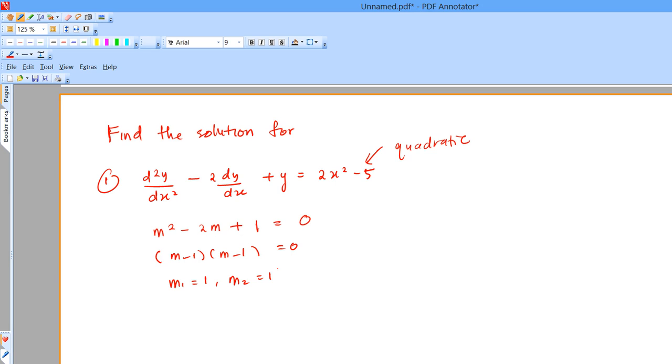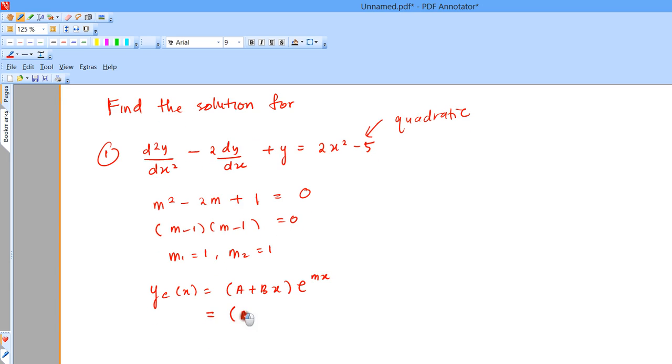Therefore, the general solution for homogeneous is yc(x) = (a + bx) e^(mx), so equal to (a + bx) e^x. So we get yc = (a + bx) e^x.